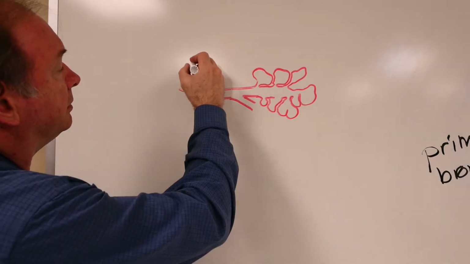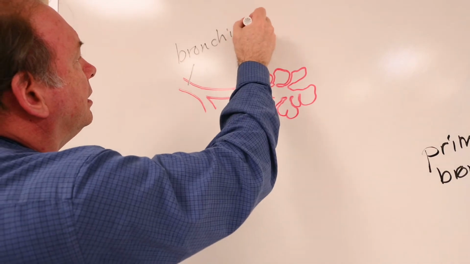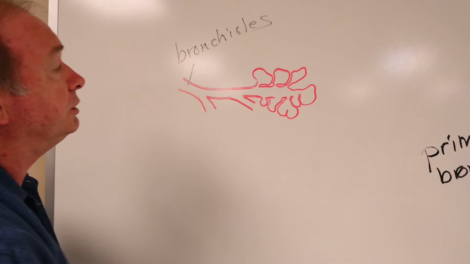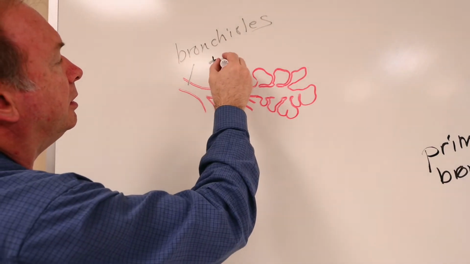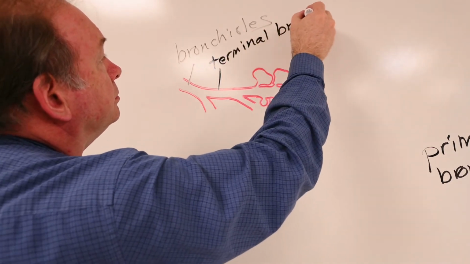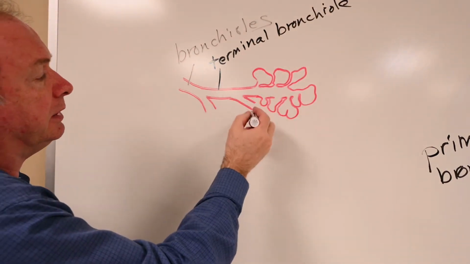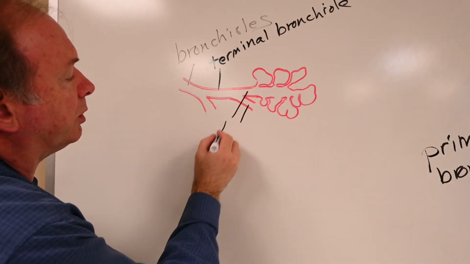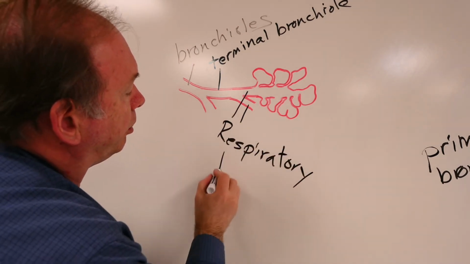Further inside the lung, you have the bronchioles that divide into smaller and smaller passages, smaller bronchioles as you go. Eventually you enter in what's called a terminal bronchiole, which, as its name implies, is the last one, but then there's a little segment beyond that that's referred to as a respiratory bronchiole.